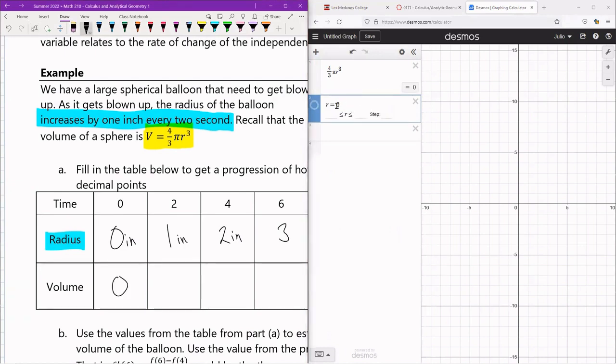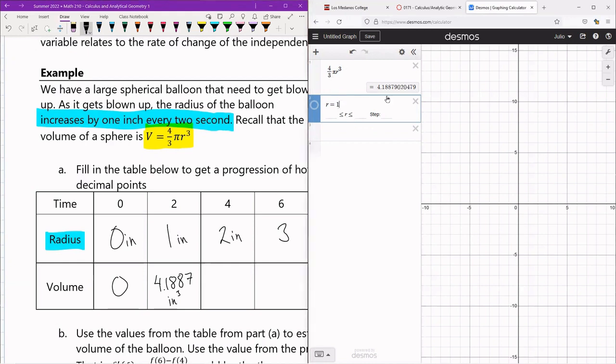Okay. Let's say we put in 1. 4.1887, and this is inches cubed. Okay, so if I plugged in 1 into my equation for my volume, this is the value I'd get.